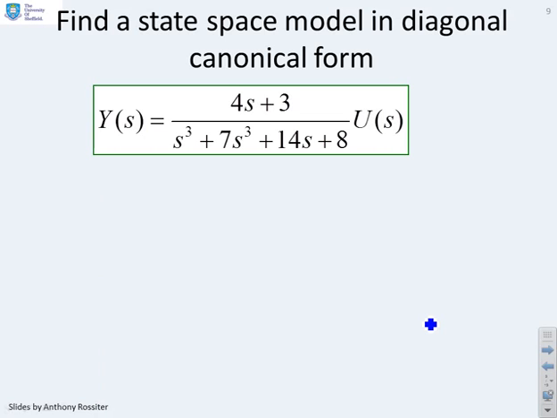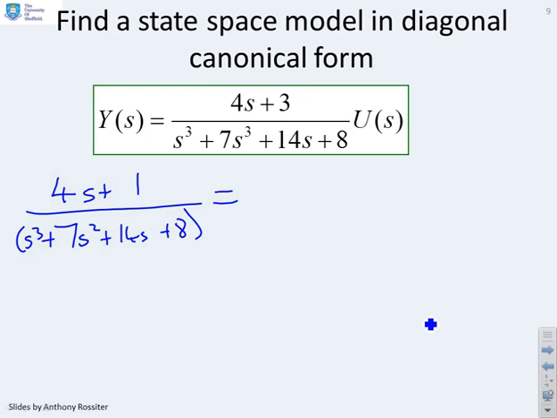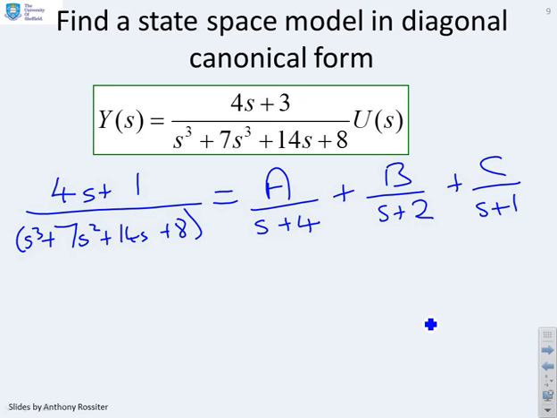We're going to get 4s plus 1 over s cubed plus 7s squared plus 14s plus 8 equals, and it's going to come out like this: a over s plus 4 plus b over s plus 2 plus c over s plus 1, because you can see if you factorize the denominator that it's got roots at -4, -2 and -1.